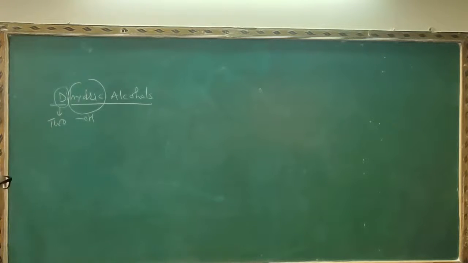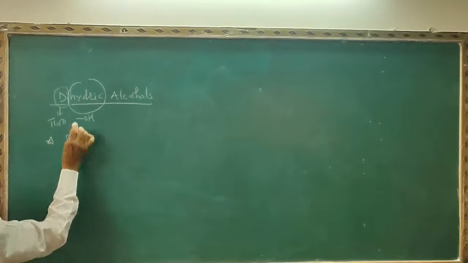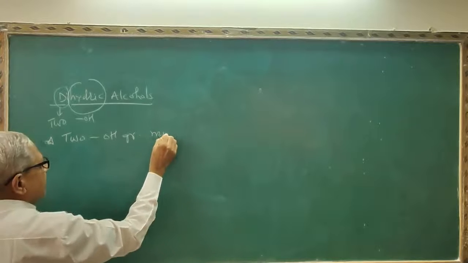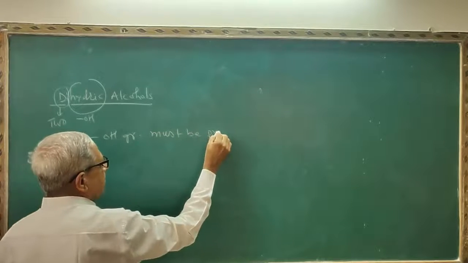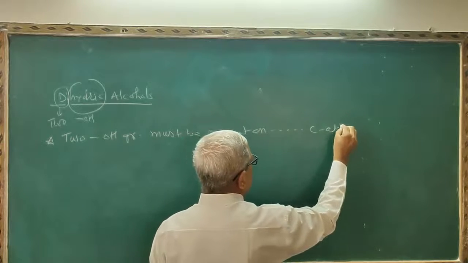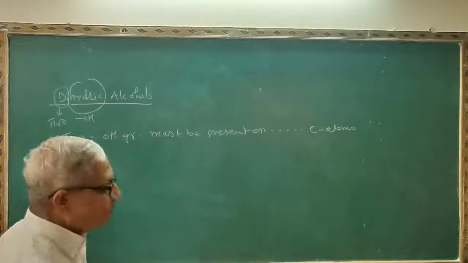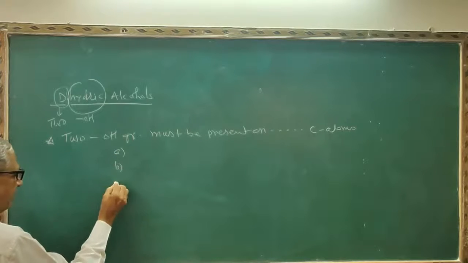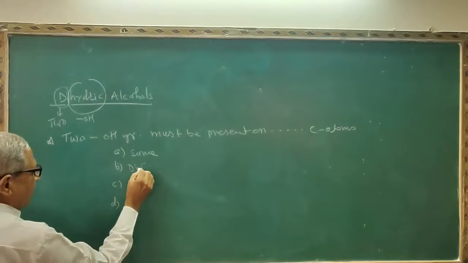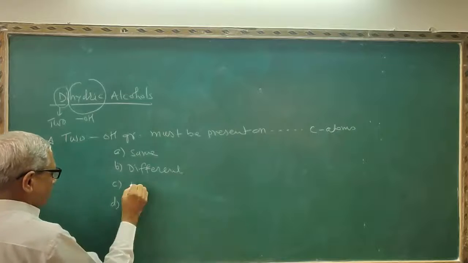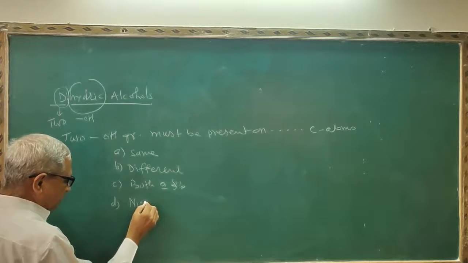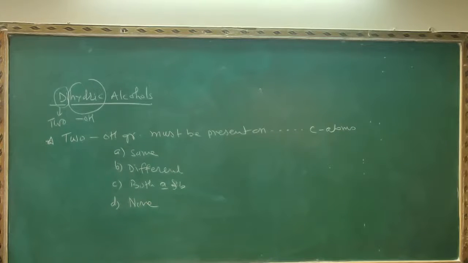But remember that in this case the two OH groups must be present on dash dash carbon atoms. This is an important question. I will give here the four options: on the same carbon atom, on different carbon atoms, both A and B, and none of these. So select the correct option.